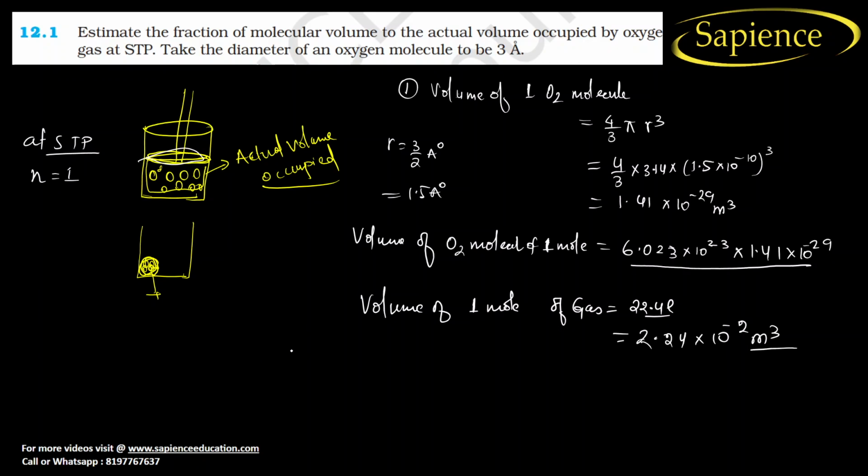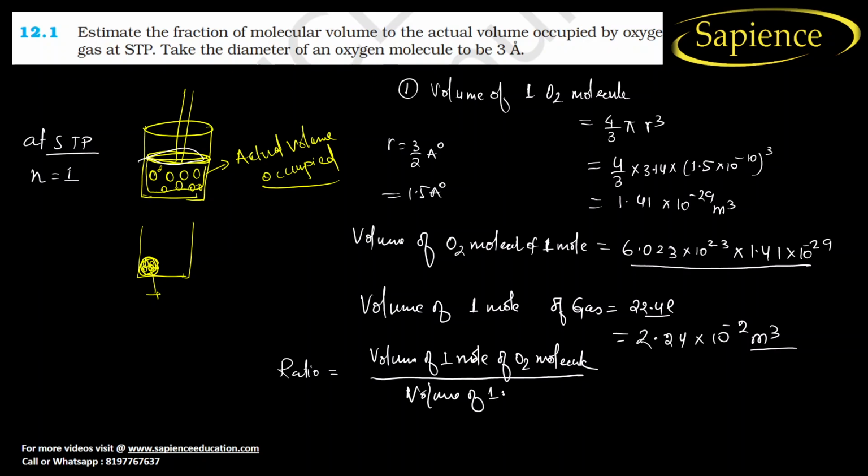Now actually they want the ratio, and this ratio is the volume of 1 mole of O2 molecules divided by the volume of 1 mole of O2 gas. We have already got both the values.